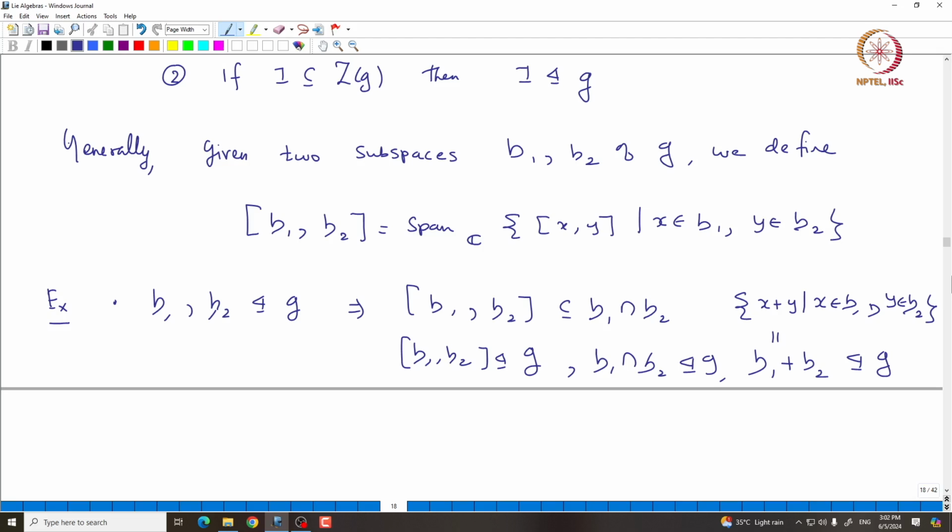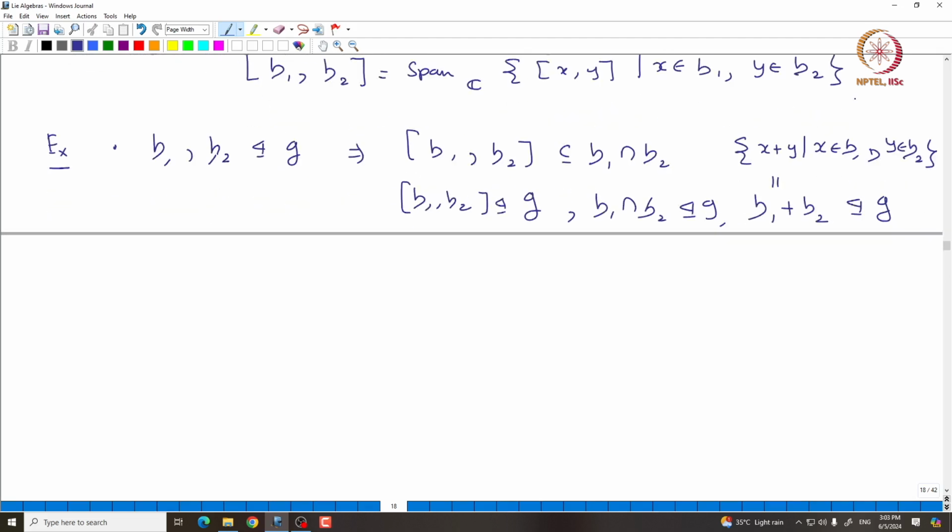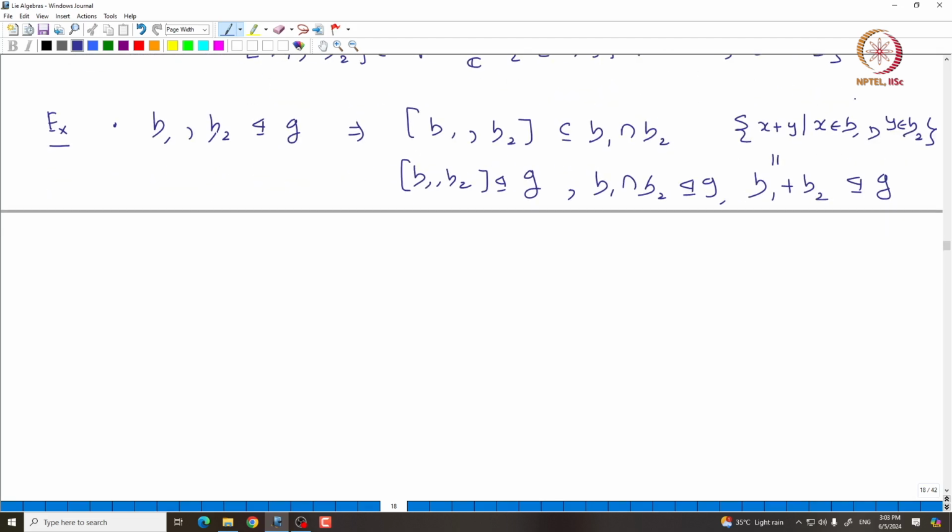To understand the adjoint representation, one needs to understand all the ideals of G. That is why I am recalling all these results.